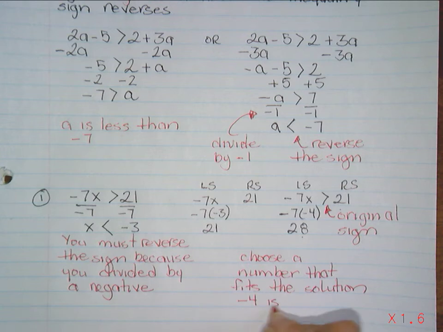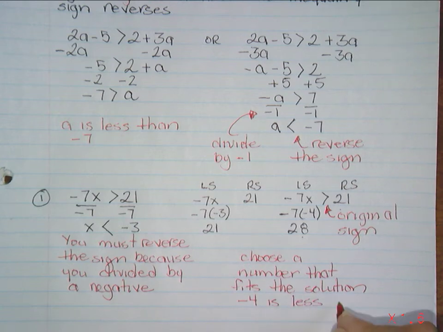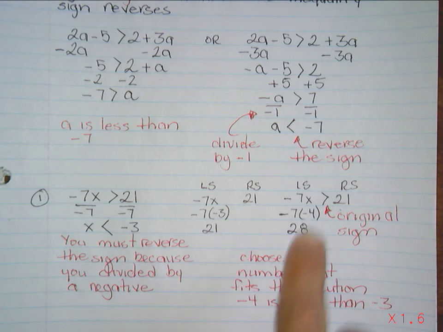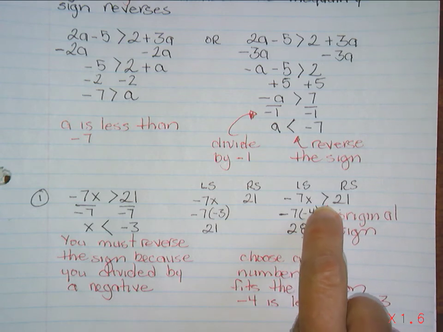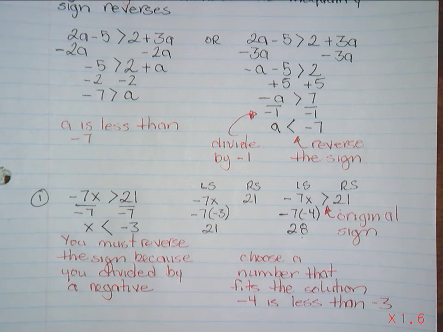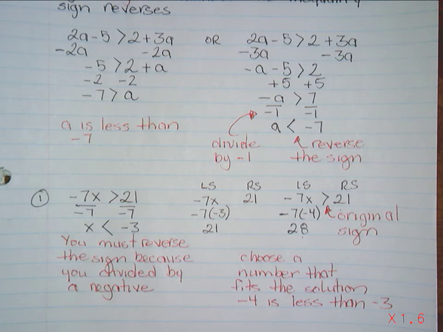Negative 4 is less than negative 3. So that's why you chose negative 4. You're using the equation for your left side, right side, but the number you substitute has to come from the solution. It's tricky. And then you graph it.